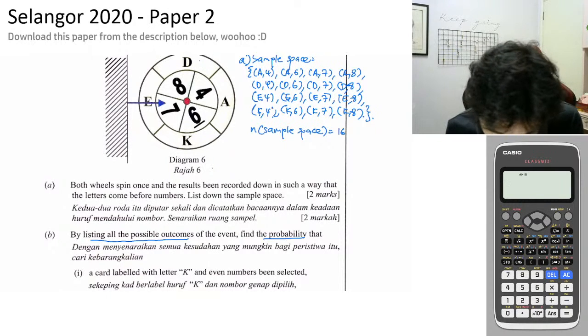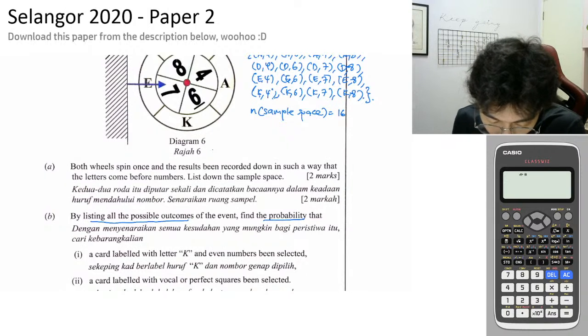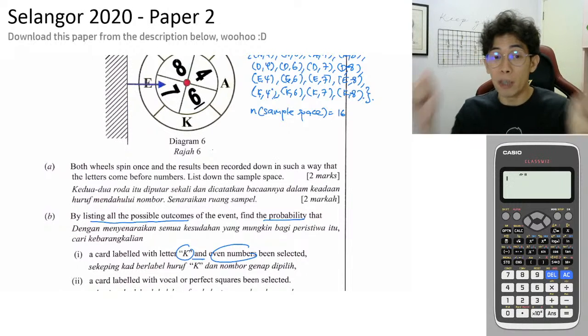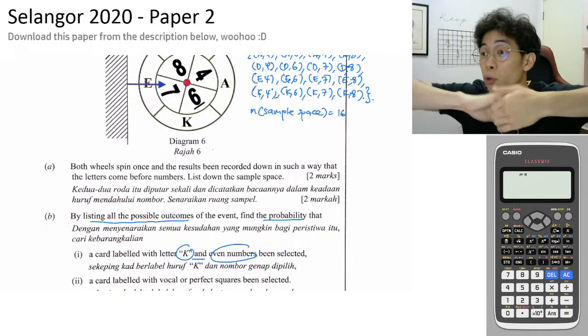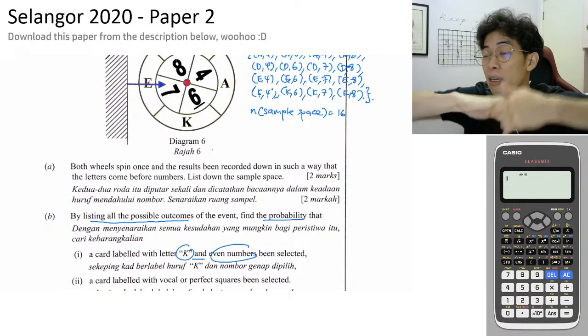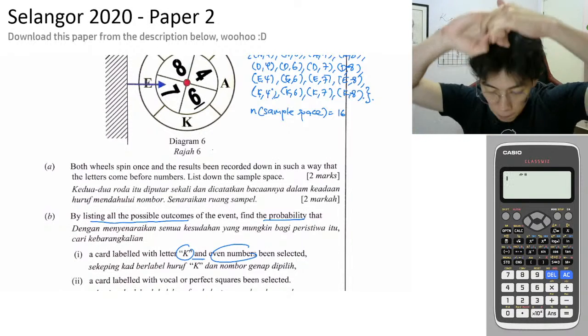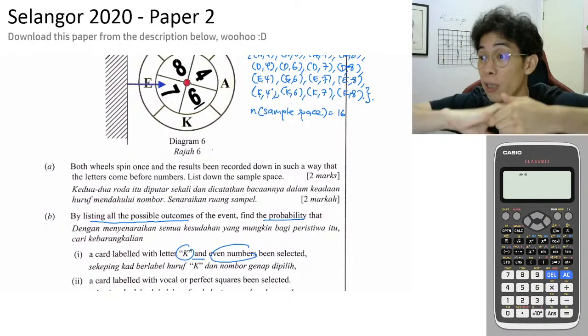Okay. And then a card labeled with letter K and an even number. It means the combo must be together. N is like girlfriend, you know. You forever tie your hand together, you don't want to let go. So it must be K and even number.